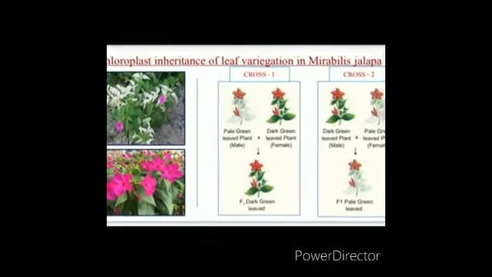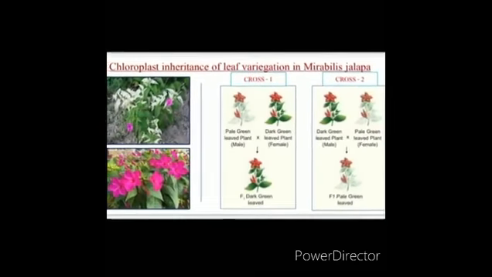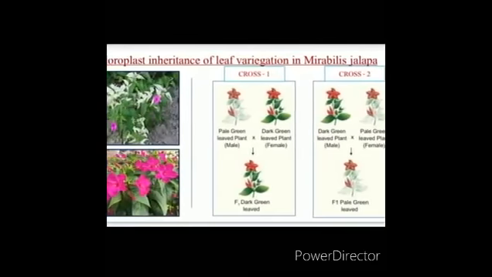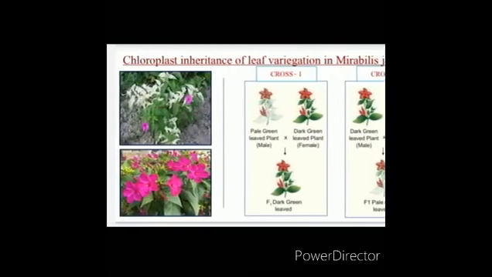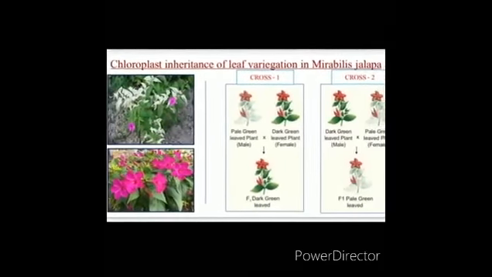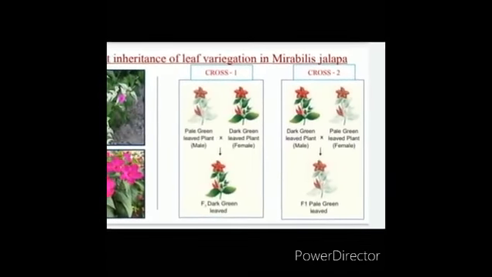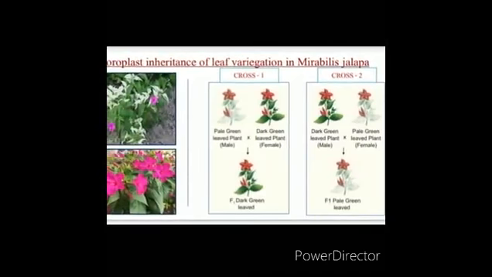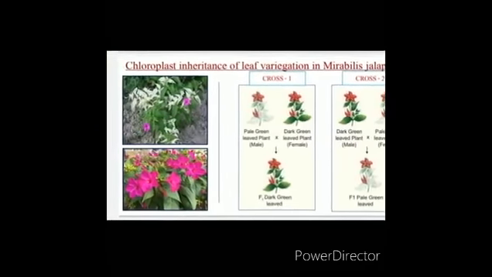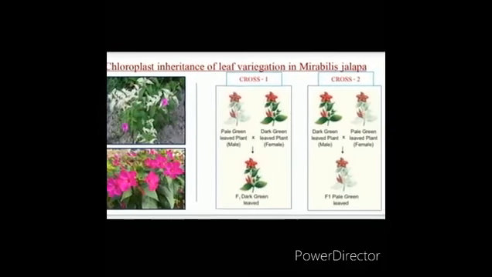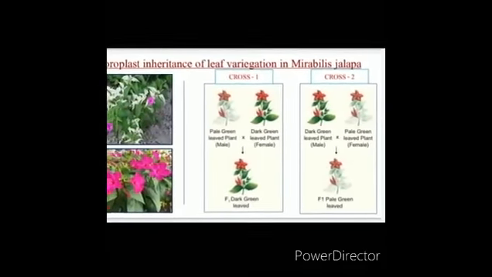It is observed in the four o'clock plant Mirabilis jalapa. In this, two types of variegated leaves, namely dark green leaved plants and pale green leaved plants, are taken. In cross 1, pollen of pale green leaved plant, the male, is crossed with the stigma of dark green leaved plant, the female.